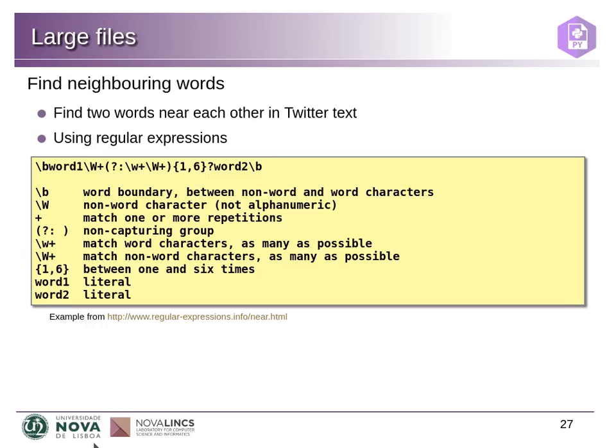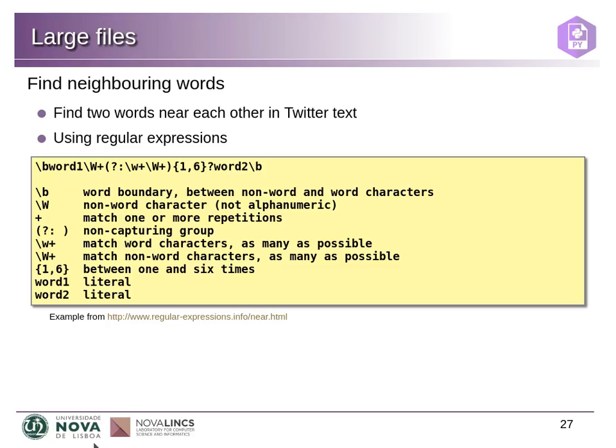expressions. We have this \b, which is a boundary between a word and a non-word. Words are groups of letters, and non-words are everything that is not letters, so spaces, numbers, things like that.